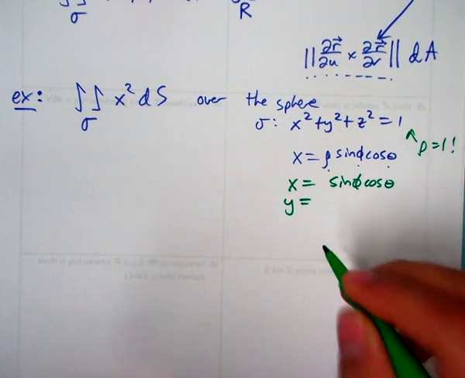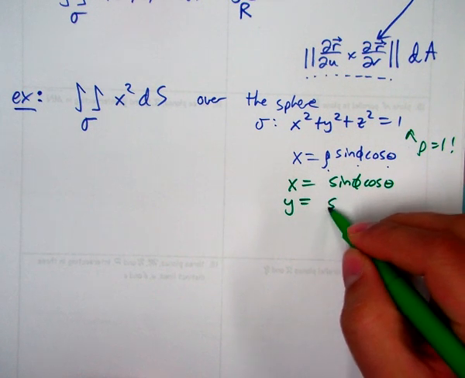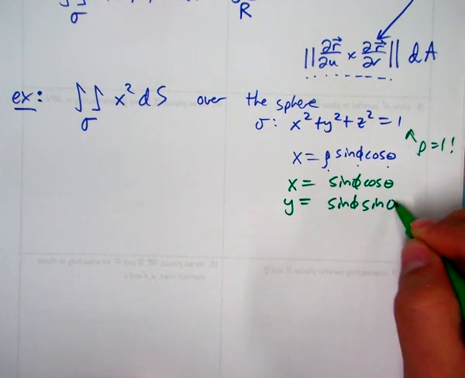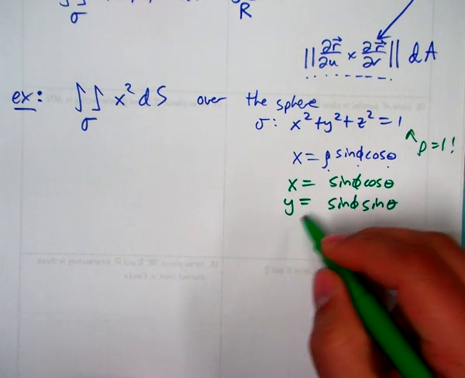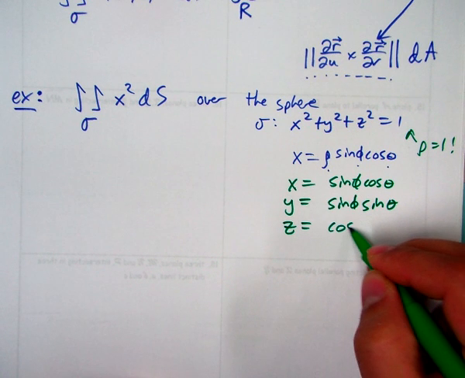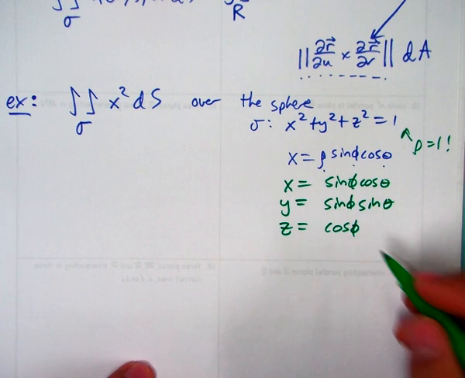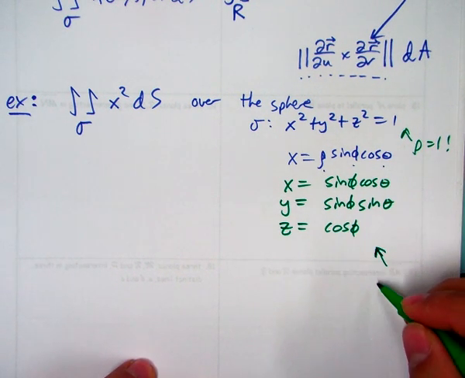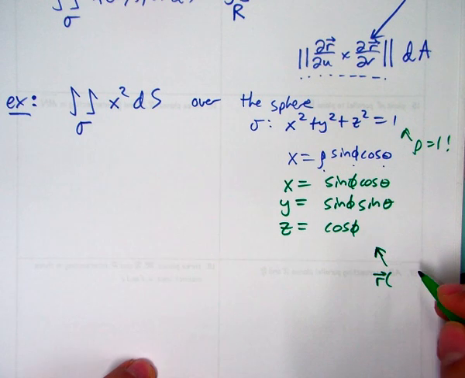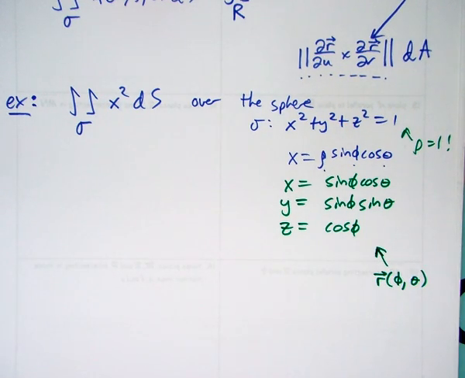Y would be rho, which is 1, times sine phi sine theta. And then z was rho cosine phi, so 1 times cosine phi. So this represents not r of u v, but in this case, r of phi theta. Phi and theta are taking the places of u and v here.